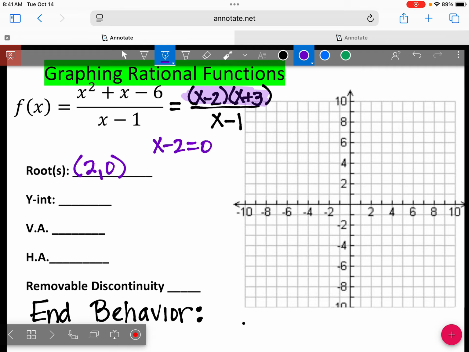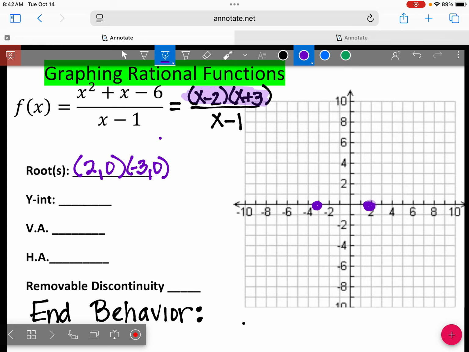Then I also have x plus 3 equals 0, which is negative 3, 0. Let's go ahead and plot those 2 points down, 2 and negative 3.